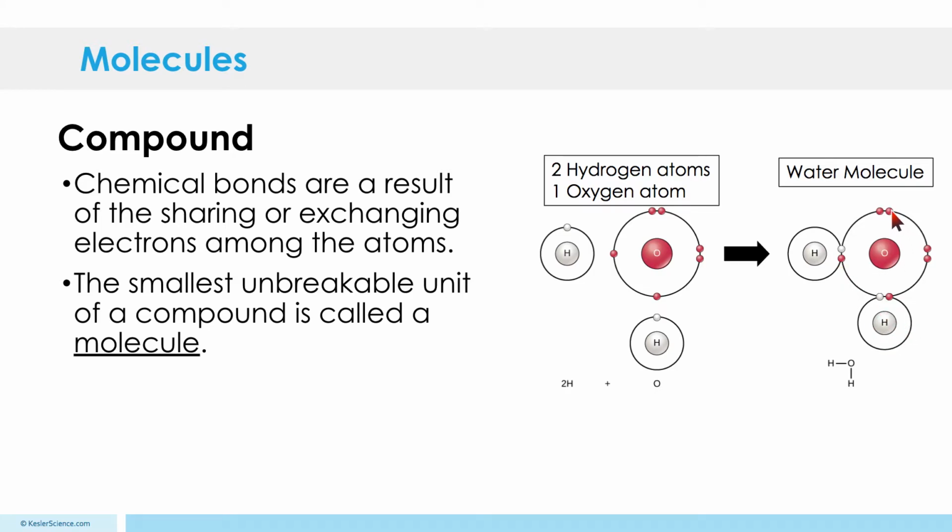Oxygen, you count them up, 1, 2, 3, 4, 5, 6, 7, 8, very stable. Another quick break so I could drink some H2O, but very, very stable after they react. This here is not only a compound, 2 or more elements, it's also a molecule because it qualifies as 2 or more atoms: 2 hydrogen, 1 oxygen.